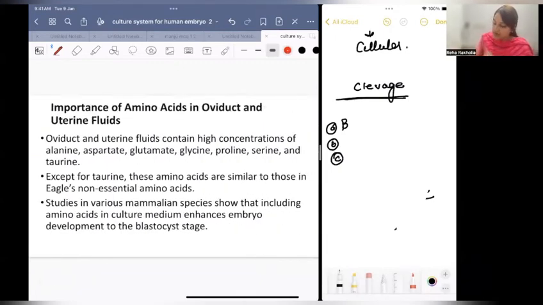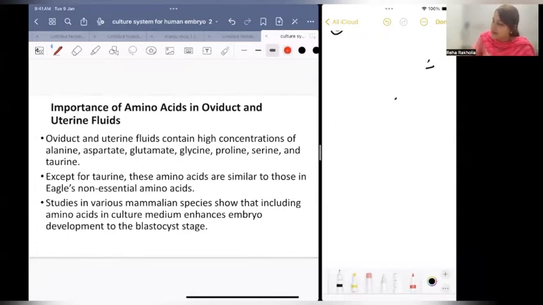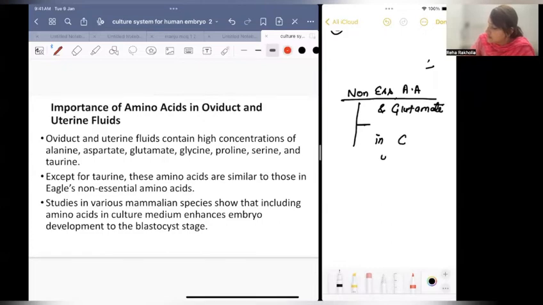Then the importance of amino acids in oviduct and uterine fluid. Now there are two things. First is non-essential amino acids and glutamate. What does it do? It increases the cleavage rate up to the 8 cell stage.